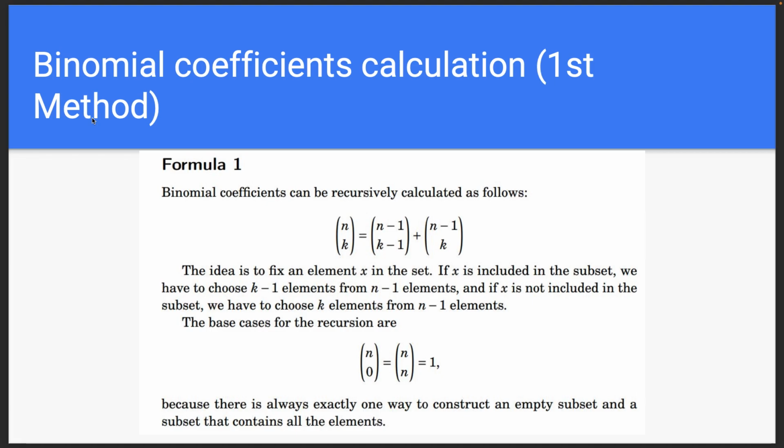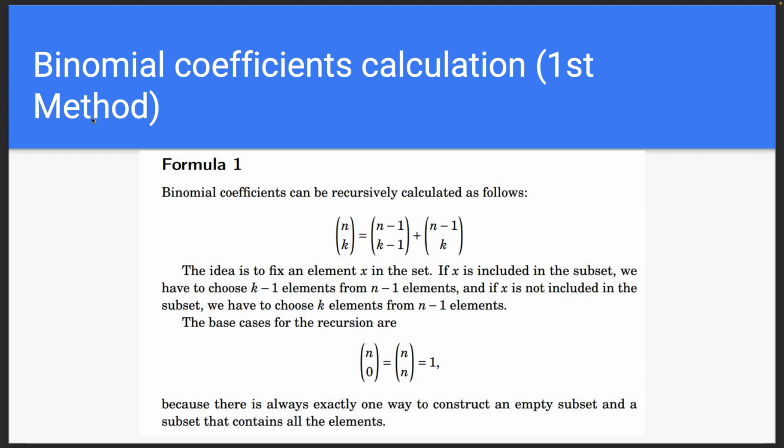How? It's kind of DP, dynamic programming. We have the base cases. We know that choosing 0 elements out of n elements would be 1, because there is only one way to do that, not choosing anything.